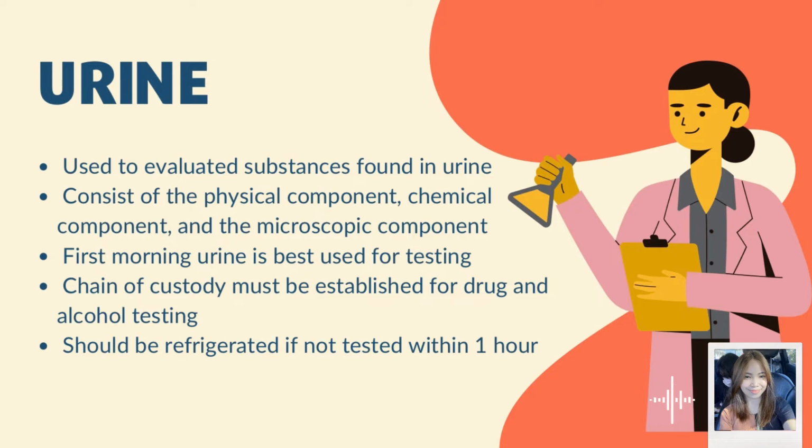And if the specimen cannot be processed within 1 hour, it should be refrigerated, because the bacteria could possibly grow and could affect the results. Therefore, we must refrigerate the sample to retard the growth of bacteria until the test is performed.